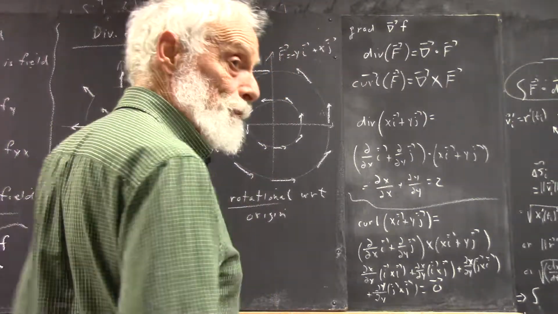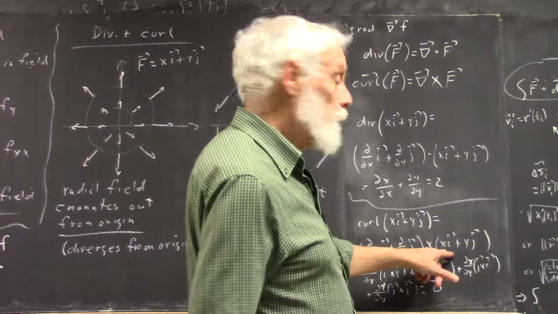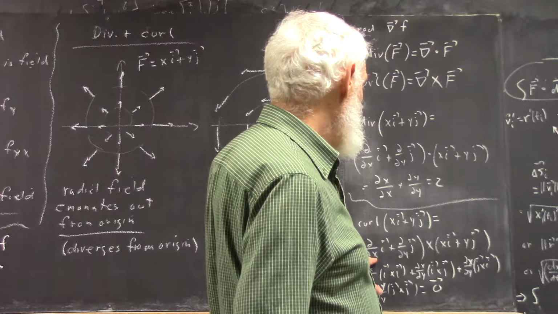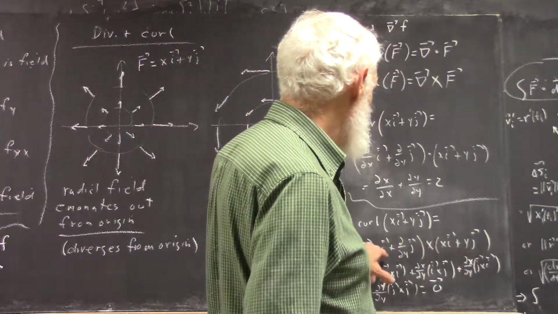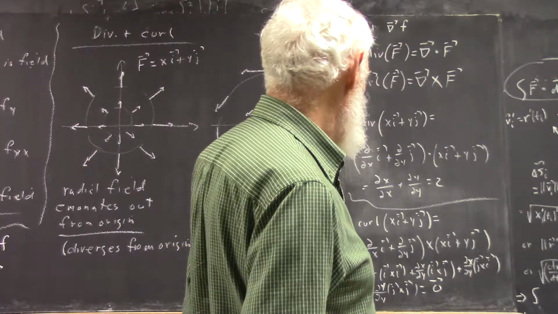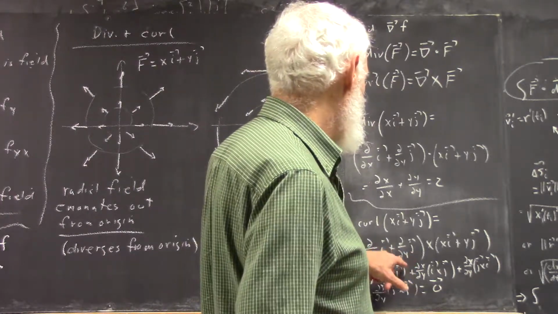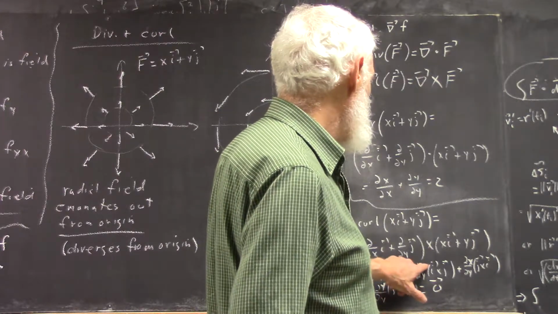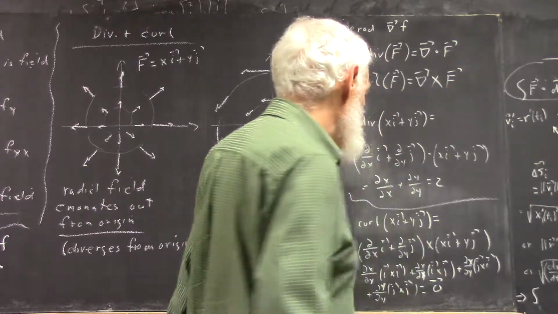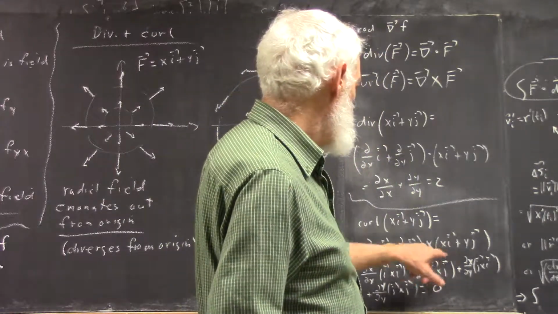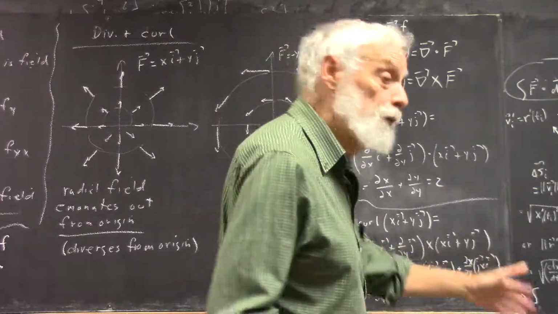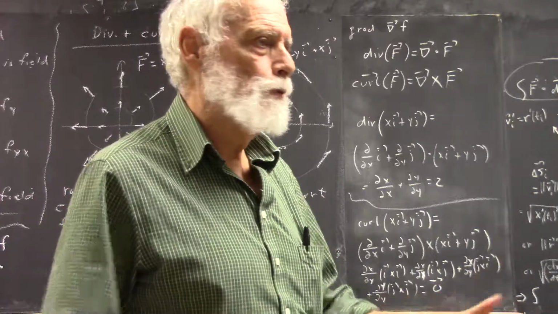Everything is zero. Either you have i cross i, or you have j cross j, or you have partial of y with respect to x, i cross j. Oh, the curl is not 2y. Yeah, that should have been partial of y with respect to x, okay, there you go. And then partial of x with respect to y times j cross i, and there it is, okay? I think that's right, but it's all zero. And it's very simple, it's trivial.